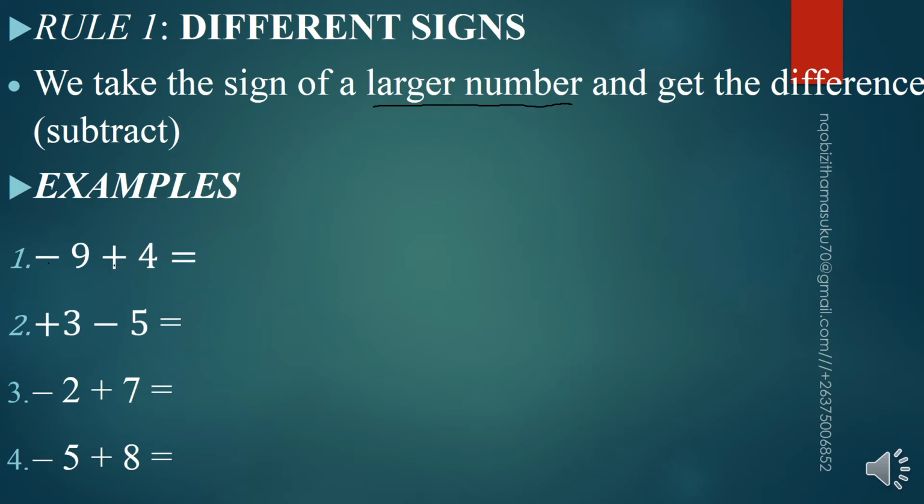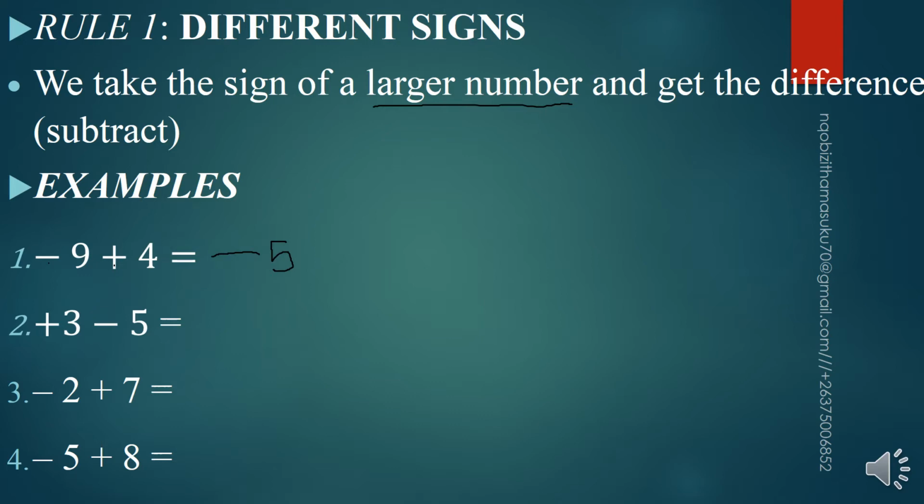So we put the negative sign first, then bigger number minus smaller number: 9 minus 4 we get 5. So our answer is -5.